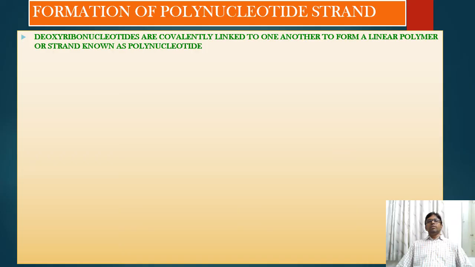Now let us discuss the formation of a polynucleotide strand. In case of DNA, deoxyribonucleotides are covalently linked to one another to form a linear polymer or strand, which is known as a polynucleotide strand.